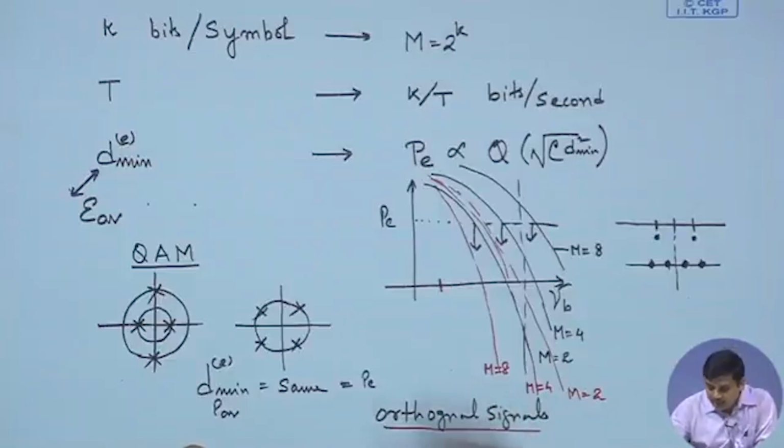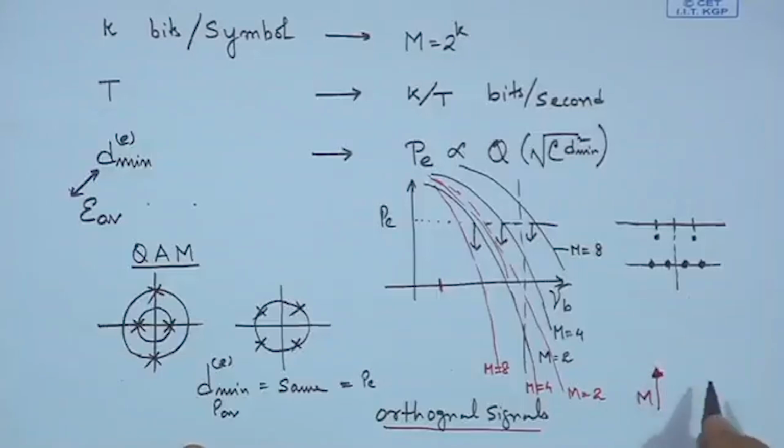But in this case, what we had, as m increases, if we think of M-ary orthogonal signaling, this implies that the bandwidth required also keeps on increasing.